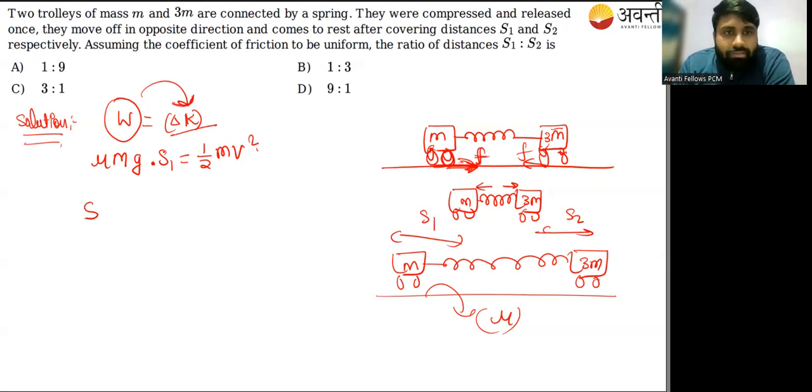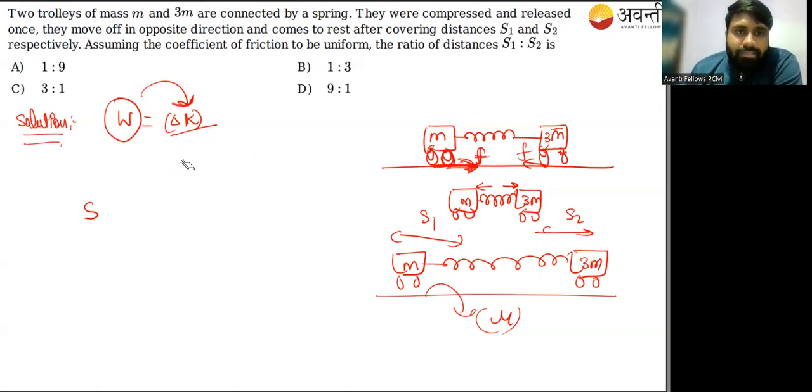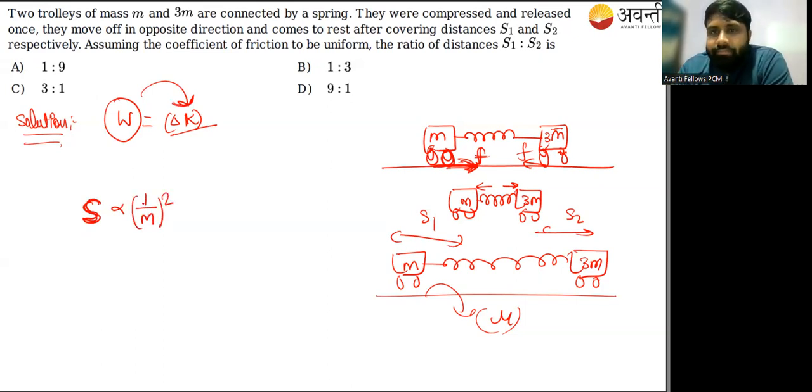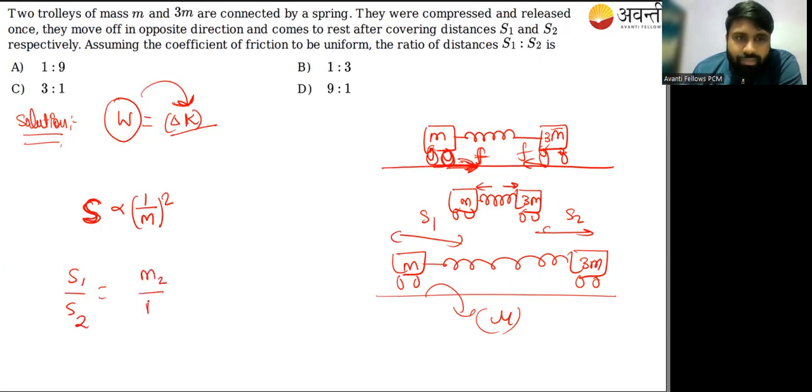From here, if you relate the motion of these blocks by the spring, you will finally find that the distance traveled by them is inversely proportional to the square of mass. So if you find S1 by S2, it will be given by M2 by M1 whole square.